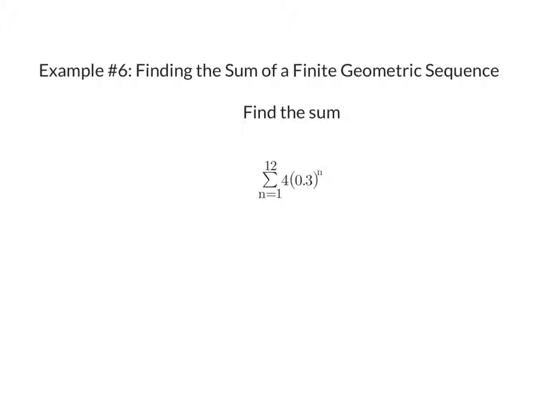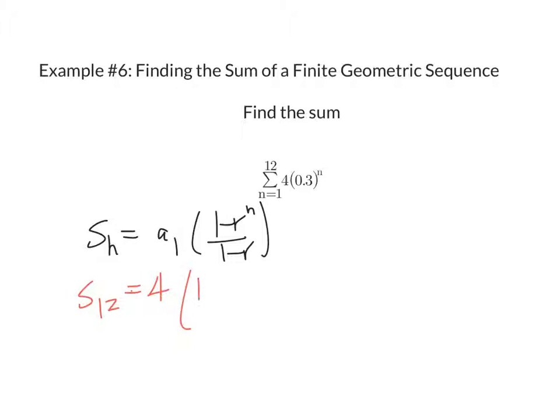If we use the formula, S sub n equals A sub 1 times 1 minus r to the nth power over 1 minus r, substituting that information in would give us S sub 12 equals 4, our first number, times 1 minus our ratio 0.3 to the 12th power, because n is 12, over 1 minus 0.3.